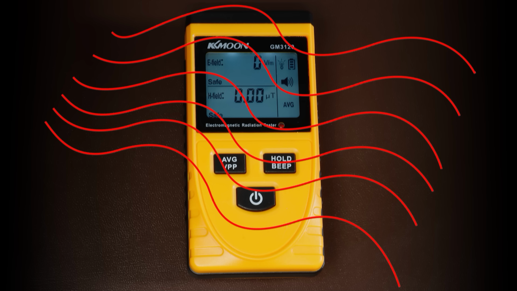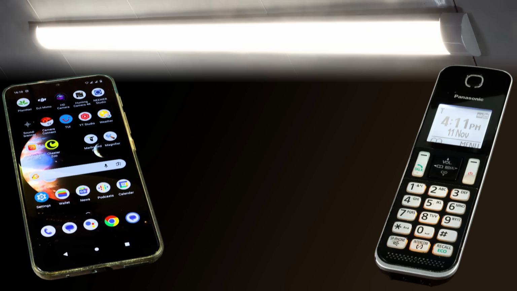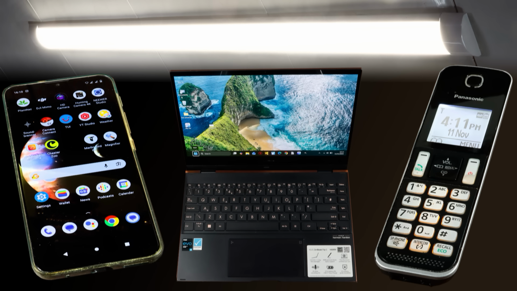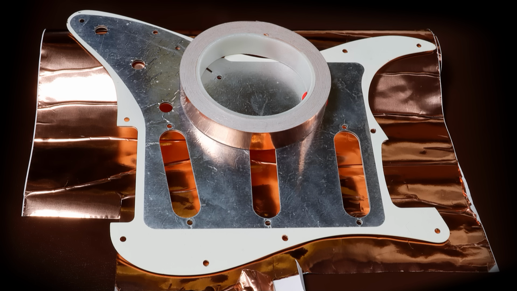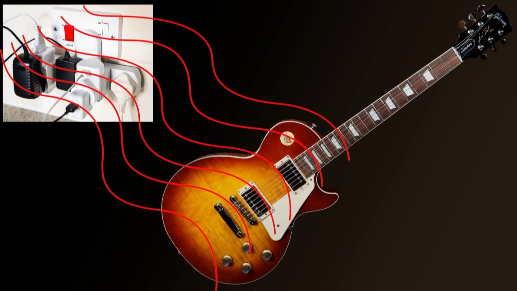But what this test allows me to demonstrate is that there's something all around you that's invisible to the naked eye but can affect the sound of your guitar. And this is why screening is so important, because when it's done correctly, screening can prevent the outside interference from affecting the sound of your guitar.